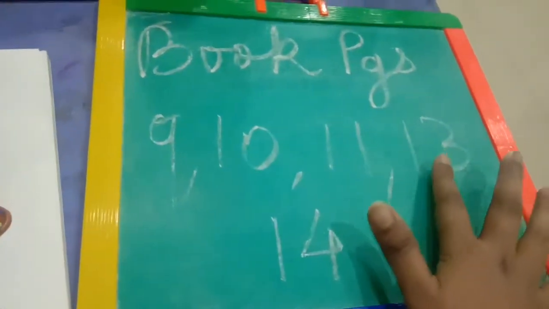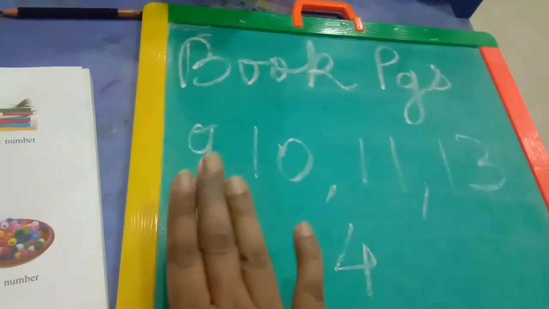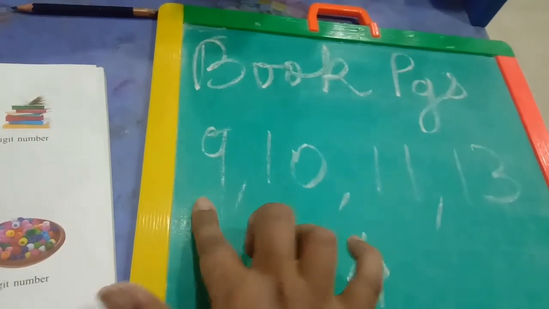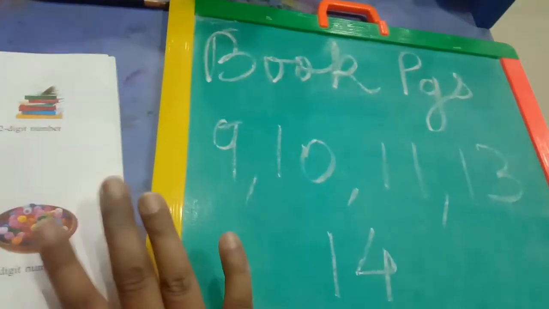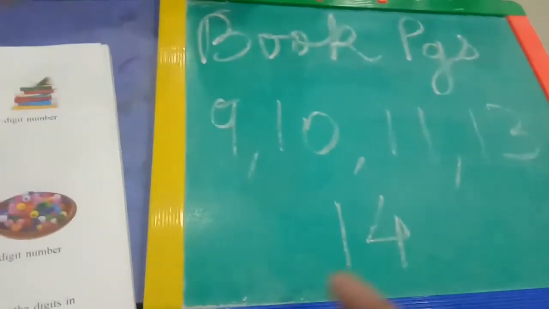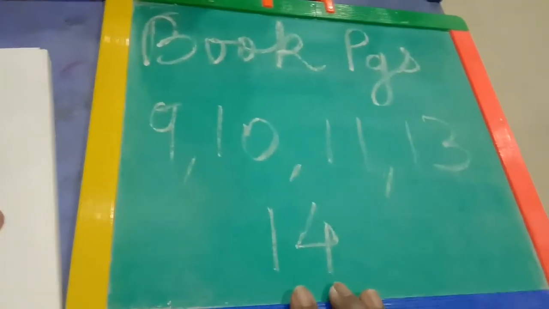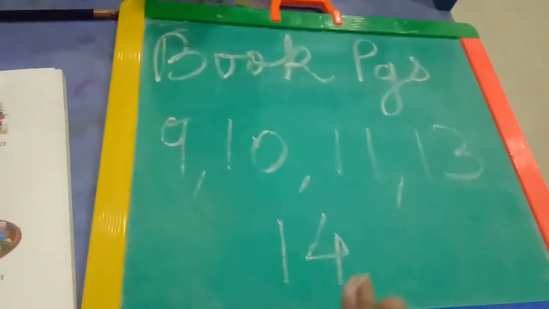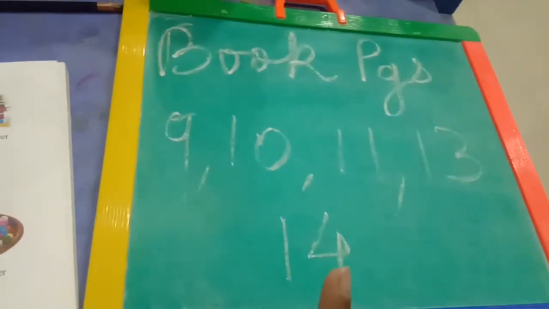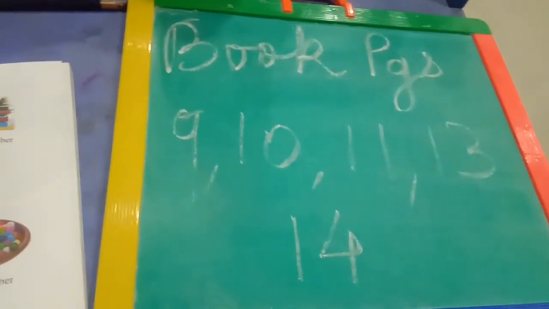Since it's 5 pages, take your own time. Don't take a burden on your head. You can divide the work, like pages 9 and 10 today, then 11 and 13 tomorrow. As per your convenience you can do the pages. Clear? But the copy work I will be giving you has to be done in your rough copy or any other copy. Thank you.